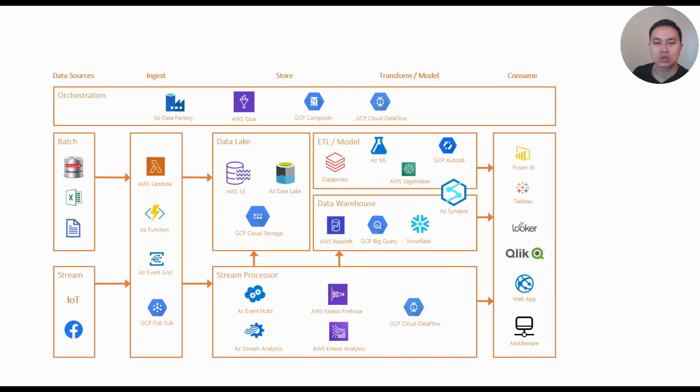Lastly, consume. I mentioned some of the dashboards there, like Power BI, Tableau, Looker, or Qlik. I think those are some of the big dashboard players in the market. And obviously, you can also output that data in a web app with an API or some middleware in external systems. Yeah.